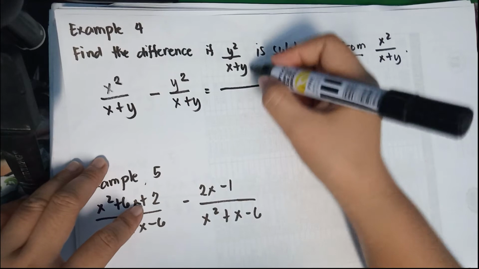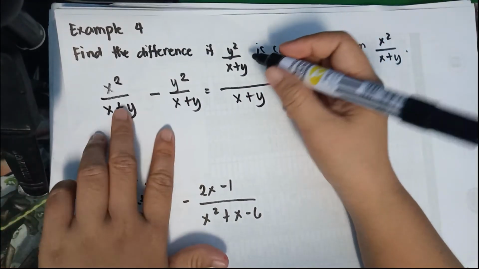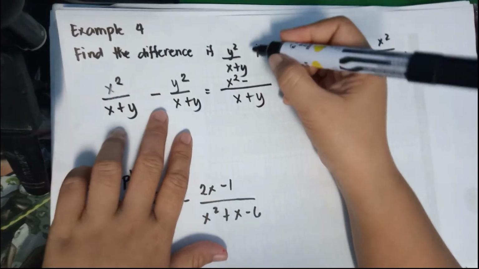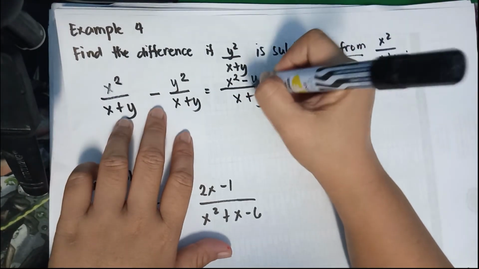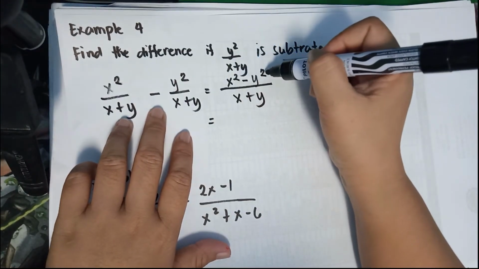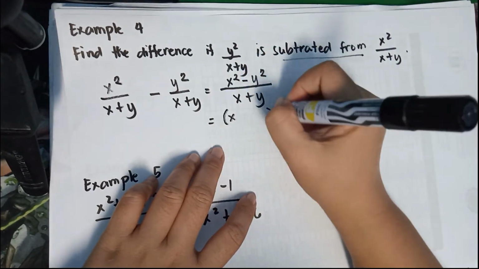Since we have the same denominator, copy the denominator x plus y and subtract the numerators, x squared minus y squared. And since x squared minus y squared is a difference of two squares, then we can factor that.